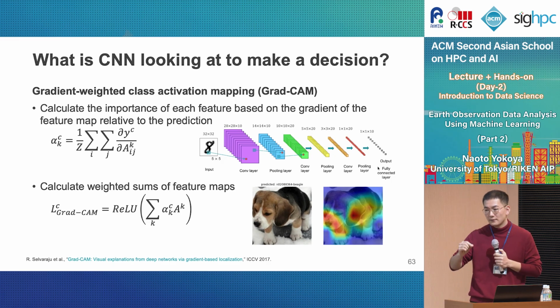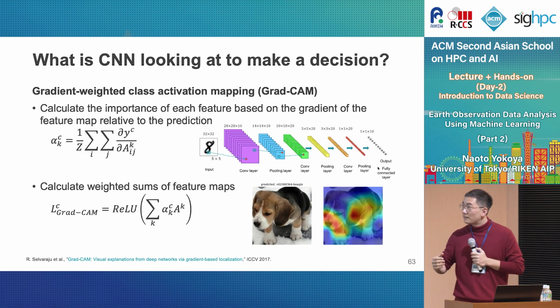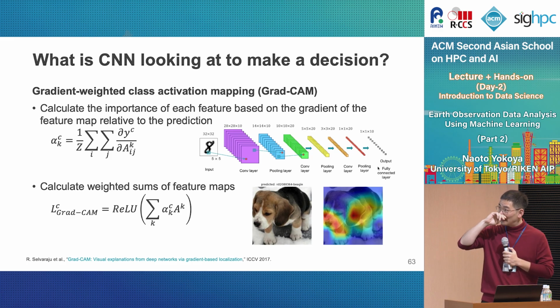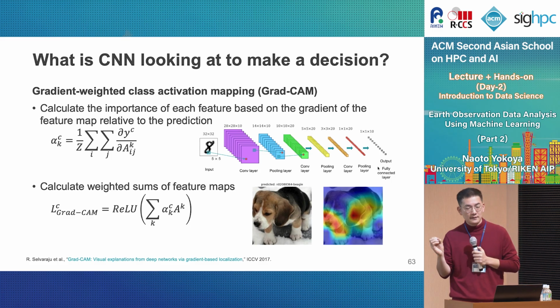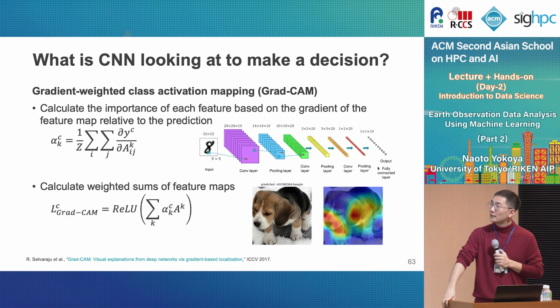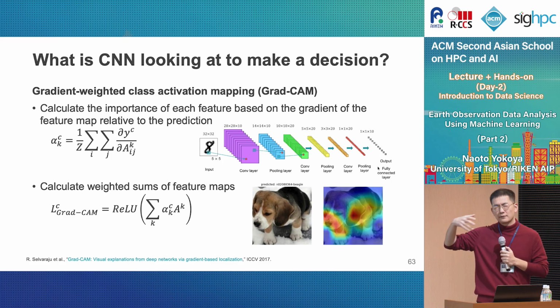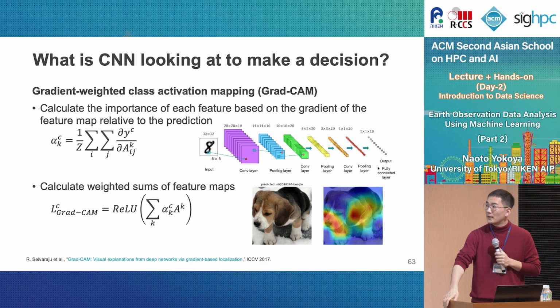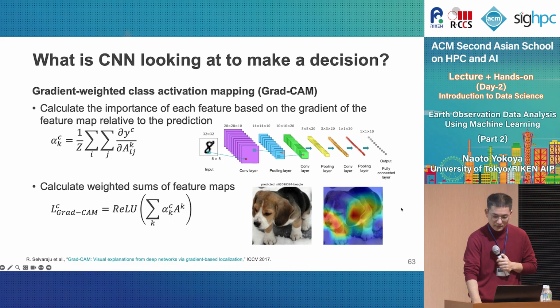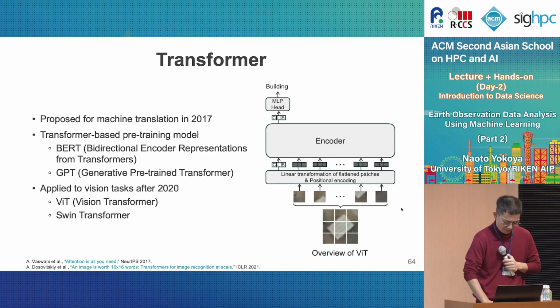This is to check which features, where the model is looking at spatially, by calculating the importance of different features and visualizing the activation by considering such weights with respect to the prediction. So for this prediction, the model is looking at this area. So we can see this kind of thing.